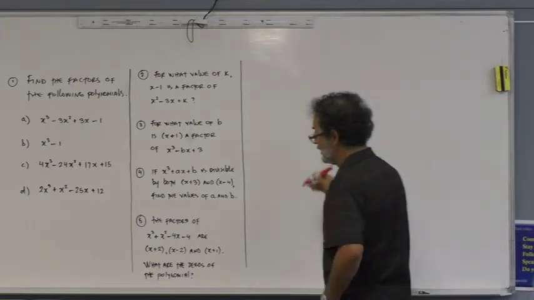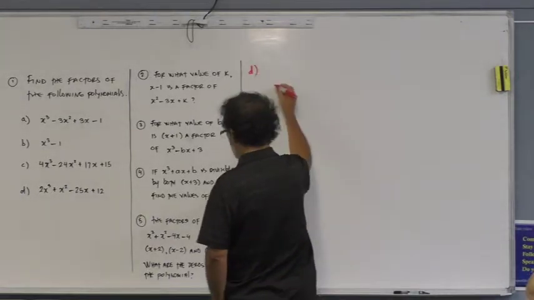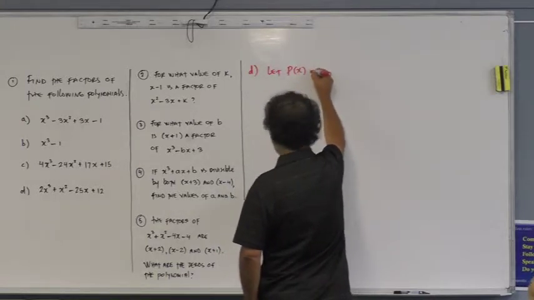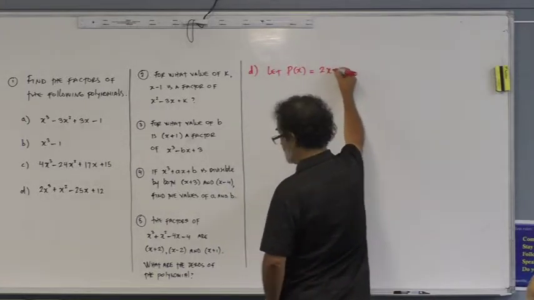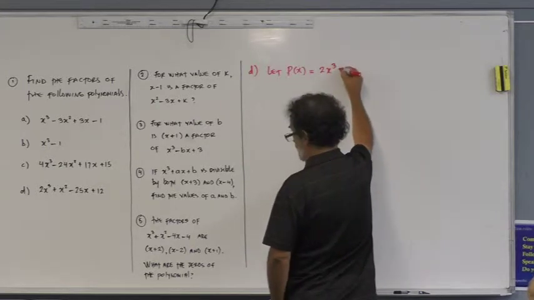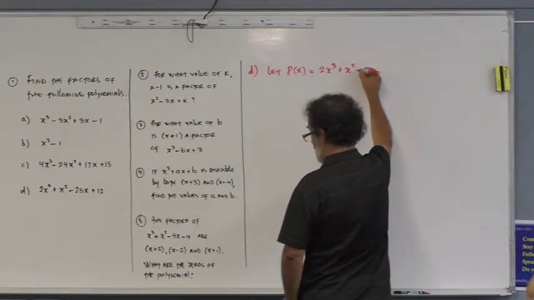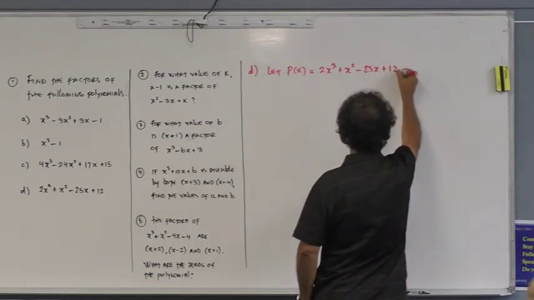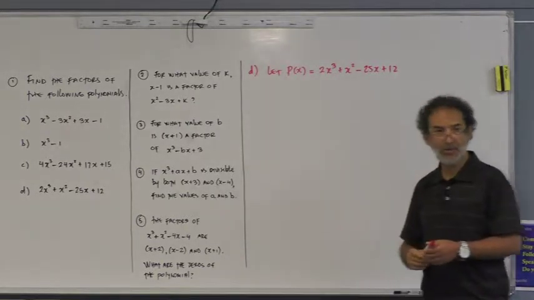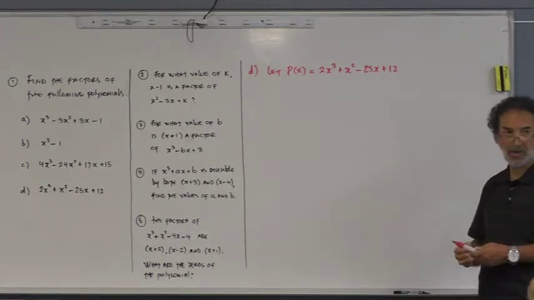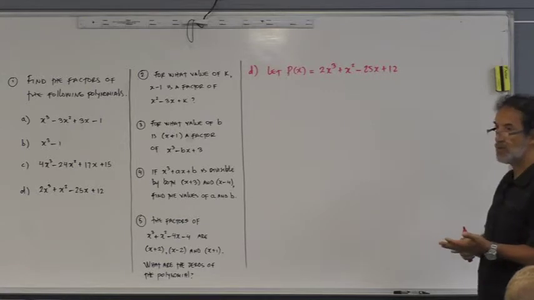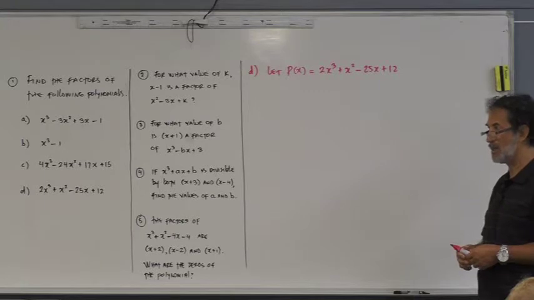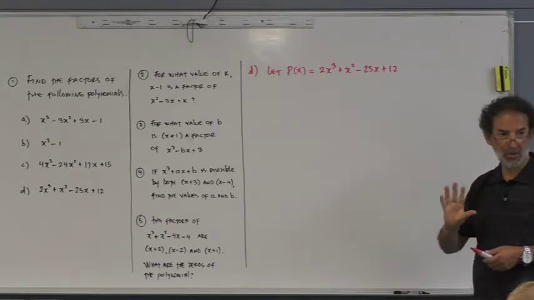Okay, question D. Let P of x equal to 2x cubed plus x squared minus 25x plus 12. I want you to do this. Give it a go. You're going to find the factors of 12 and see which one works, and then you're going to divide by that factor, and so on.